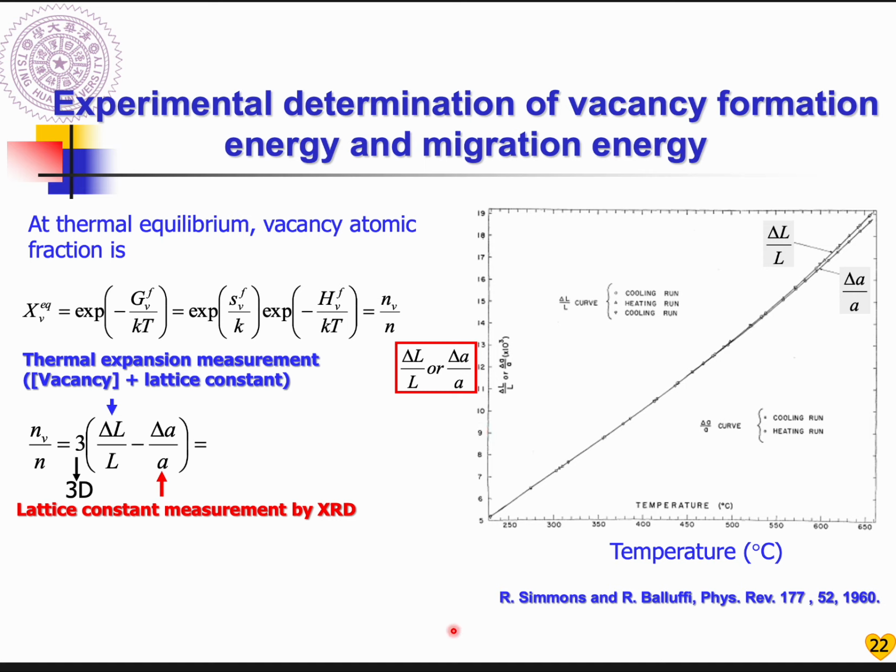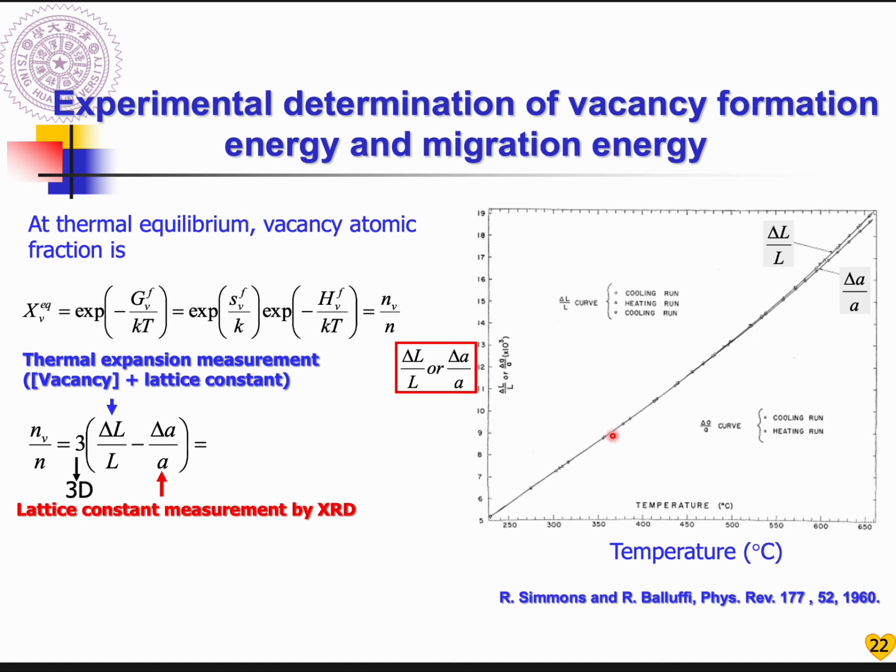He has an alumina bar here, and he tried to increase the temperature and plot delta L over L and also delta A over A. And as you expected, when you increase the temperature, delta L over L and delta A over A increase in the meantime for both curves.